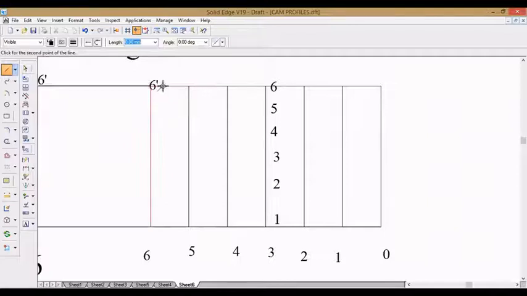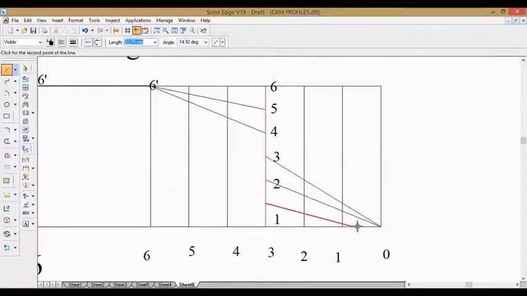Join this corner 6 with the 5. Join this corner 6 with the 4, end point, and 3. This is the acceleration part, and this is the deceleration part. 3, 2, 1.